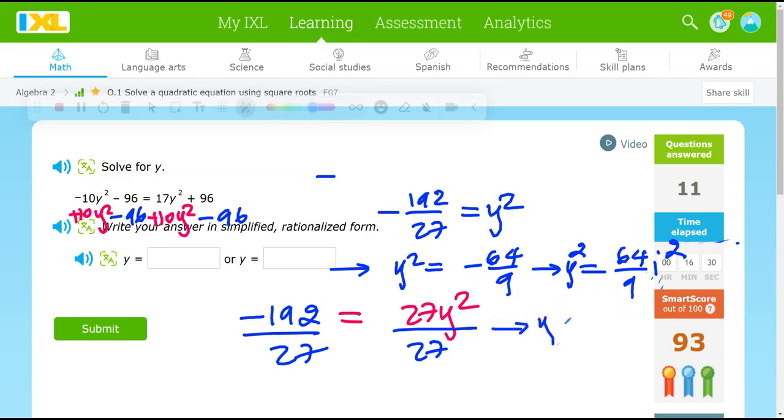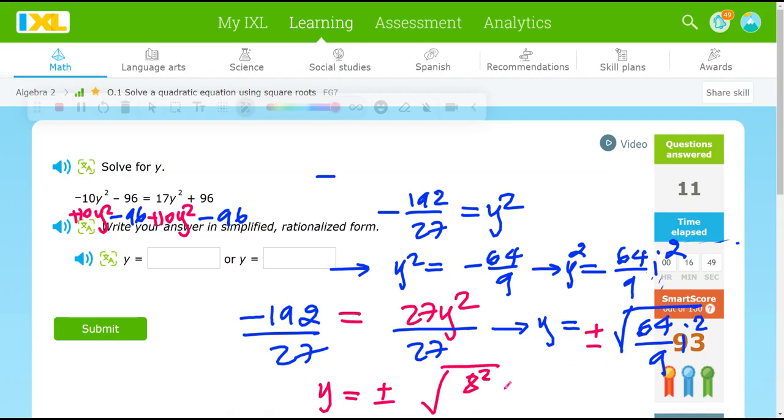So y equals square root of 64 over 9 and then i squared. Again, do not forget the plus minus in the front. So we got it. 64 is actually 8 squared, and 9 is actually 3 squared, and then i squared is right there. So it comes out at 8 over 3 and then i.